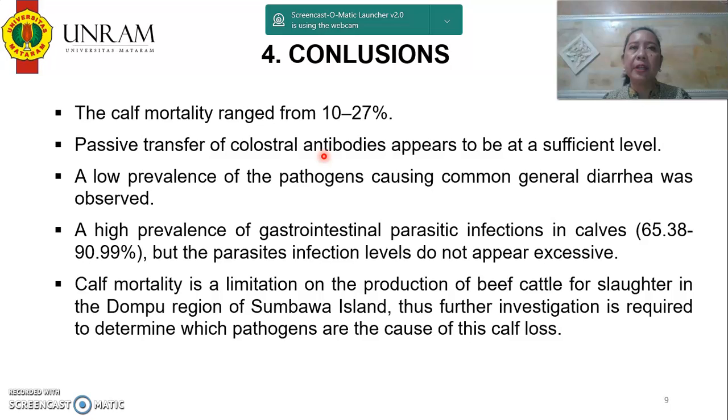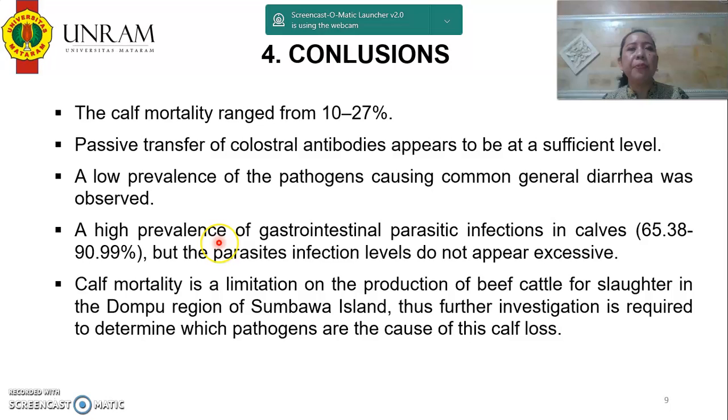Therefore, absence of antibodies does not explain calf mortality. A low prevalence of the pathogens causing common general diarrhea was observed, suggesting that it is unclear what is responsible for the incidence of scours observed.